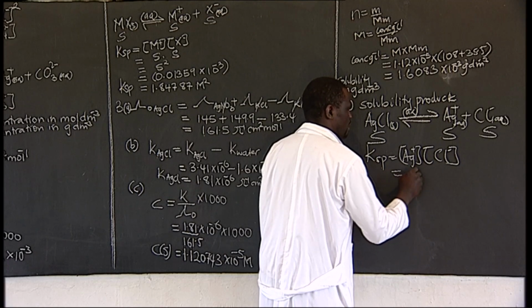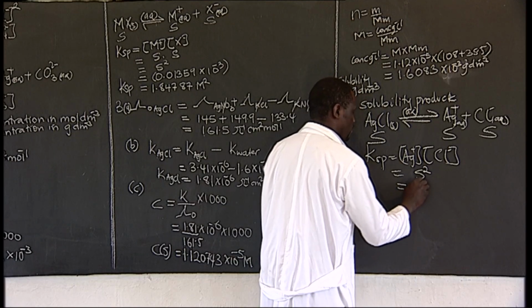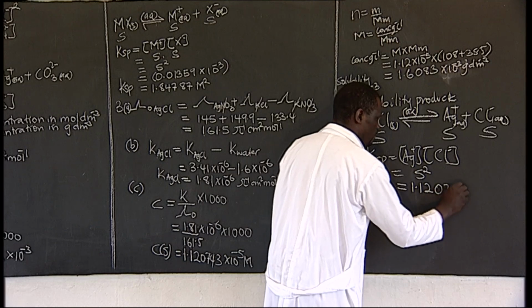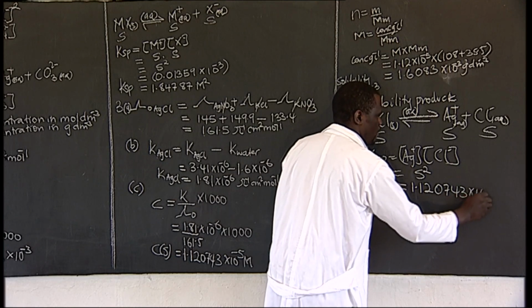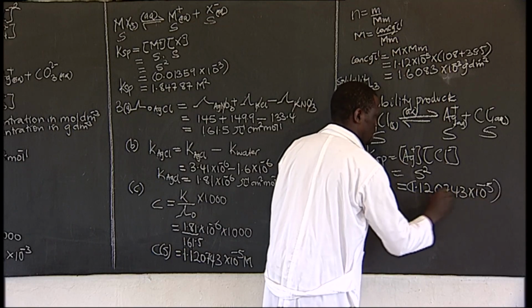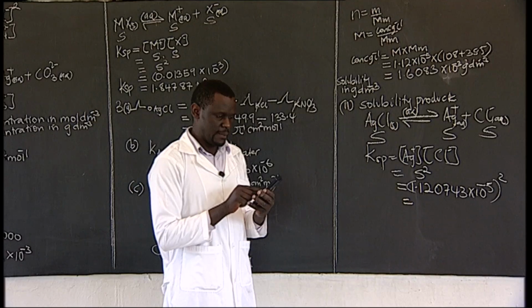So our KSP will be S times S, which is S what? Squared. So it will equal 1.1200743 times 10 to the power negative 5, squared. So it will give us our solubility product.